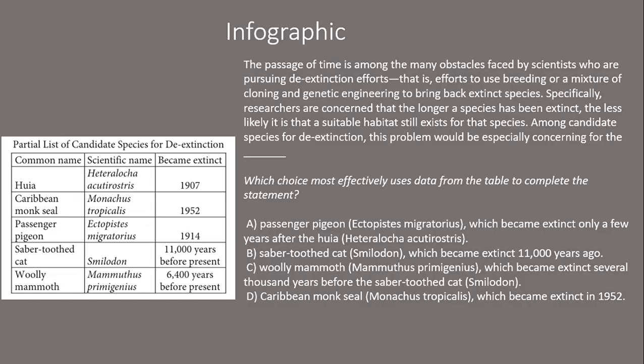Now, if that is true, or if you consider that, then which of the following animals in the table will fit that category? Now, you will all agree that the saber-toothed cat will be a likely candidate for not being able to come back to life through cloning or genetic engineering, because it died 11,000 years ago.